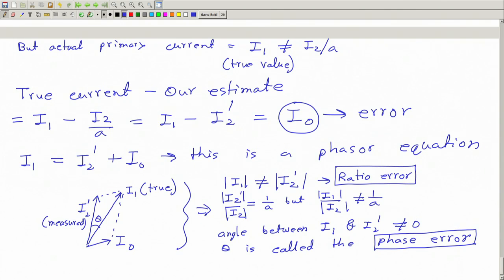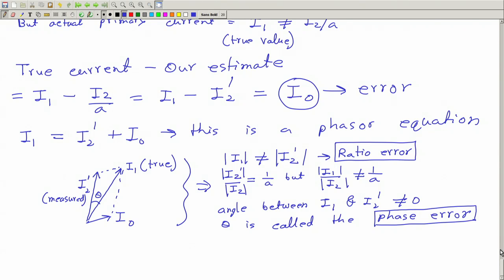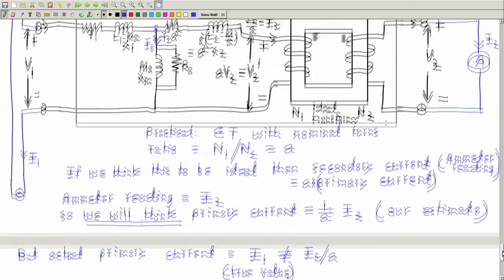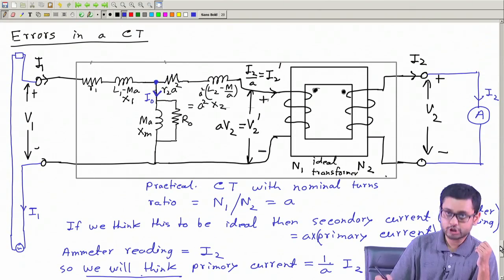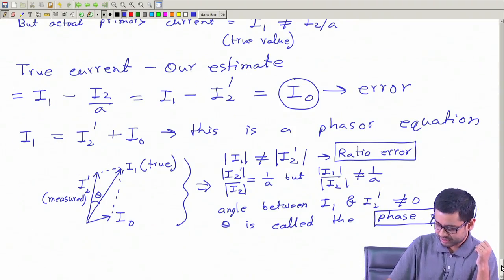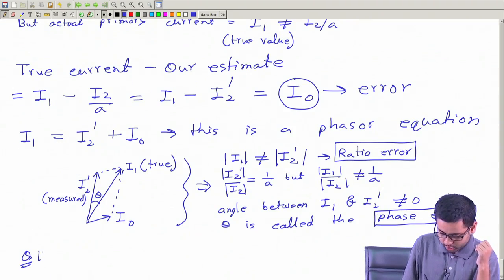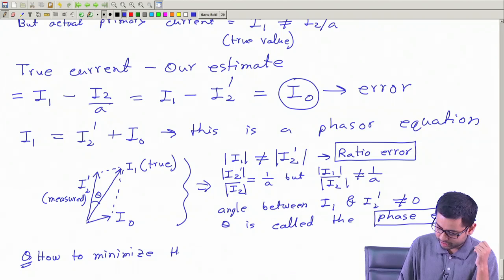So we have learned two terms, phase error and ratio error. We have also learned that these two errors are mainly due to this current I0. Now we can ask the question, how to minimize or reduce the phase error or ratio error?